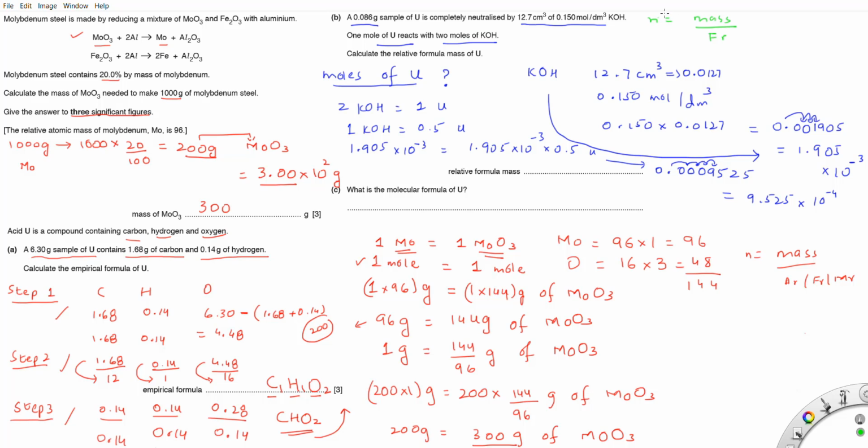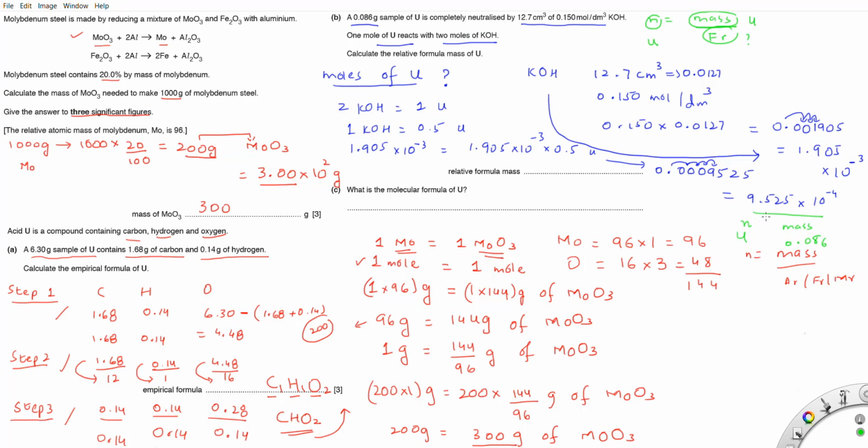I now know the number of moles of U, and the mass of U was already given in the question, 0.086.